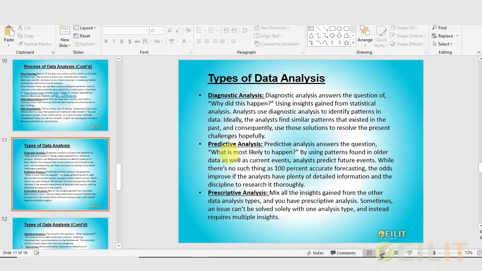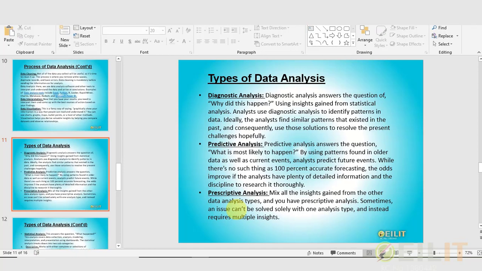In predictive analysis, we are trying to answer the question of what is most likely to happen. Here we are using the patterns that we found in the diagnostic process, and trying to study current events to predict future events.